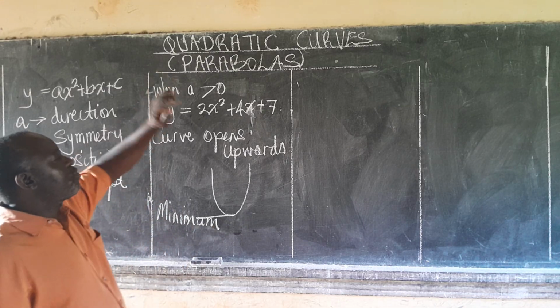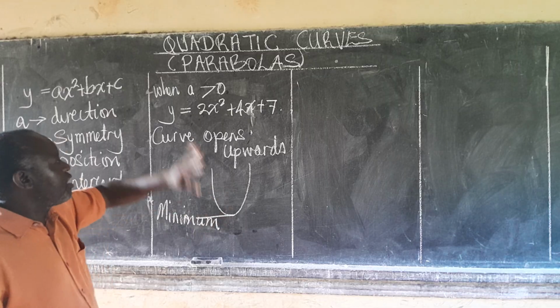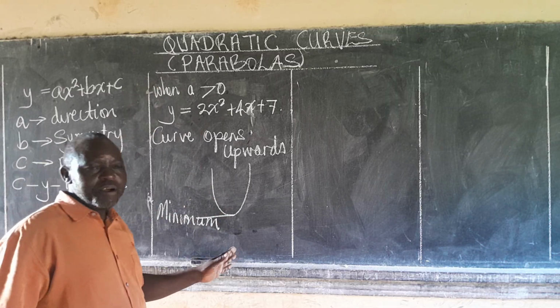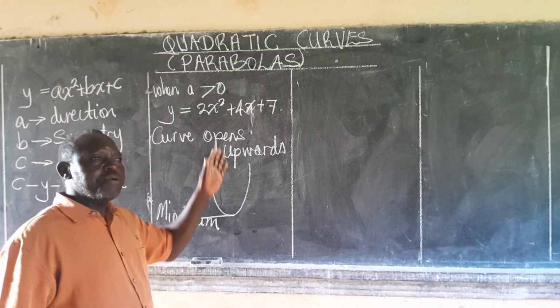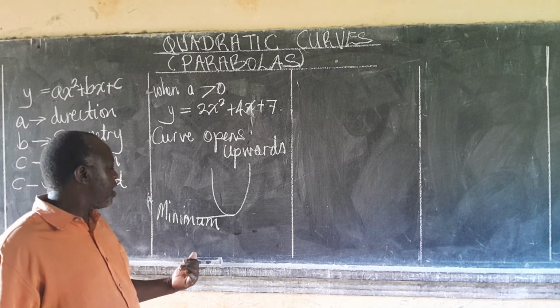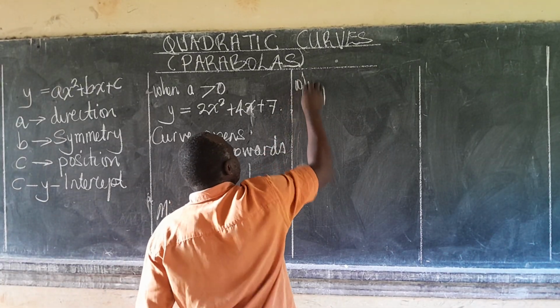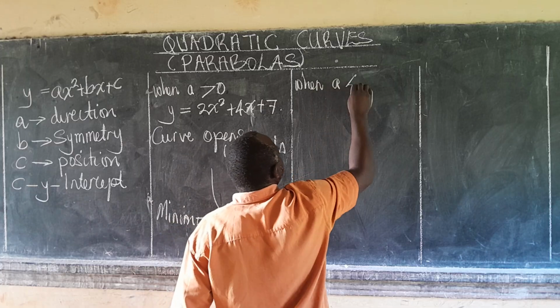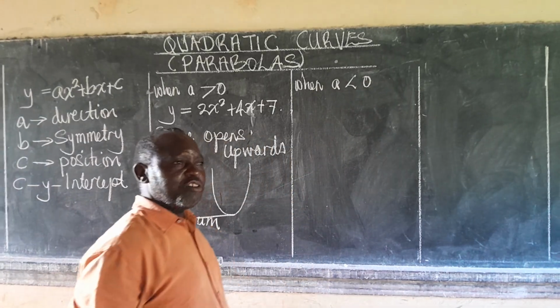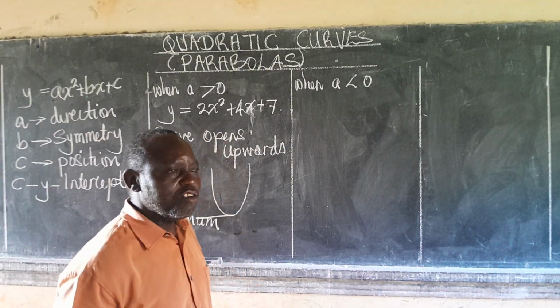Therefore, when A is greater than 0, this is an indicator that one, the curve opens upwards, and two, when the curve opens upwards, what you expect is a minimum value. When A is less than 0, any number less than 0, it means that it is on the negative side.